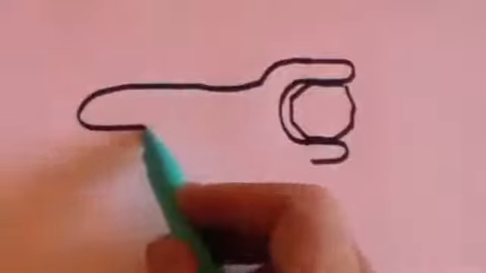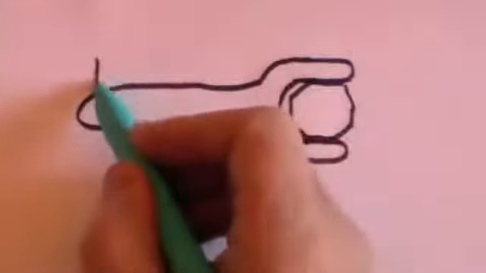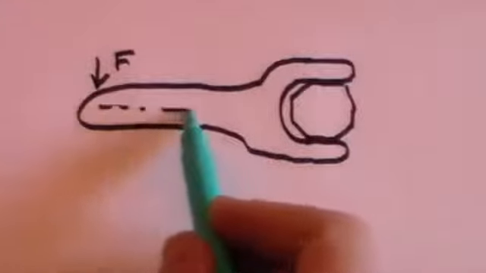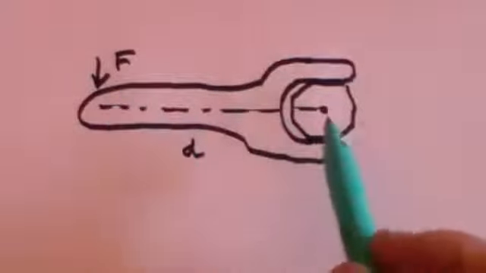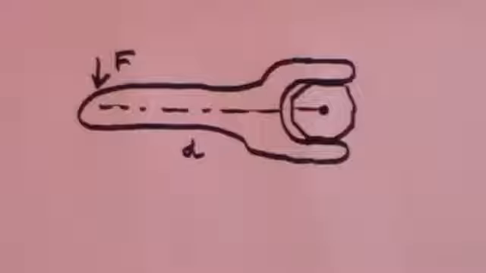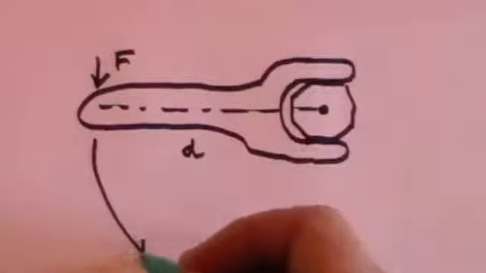The way traditionally we would do that is we would put a spanner around the nut, and to unscrew a nut you need to turn it anti-clockwise, so we would have to put a force F on the end of the spanner and there will be a distance D between the application of the force and the turning point, the pivot, sometimes called the fulcrum, the point at which the whole thing is going to swivel, because what's going to happen is that the spanner is going to move round in a circle.